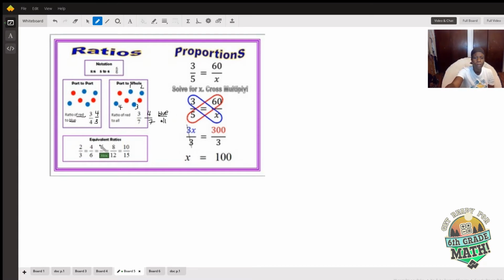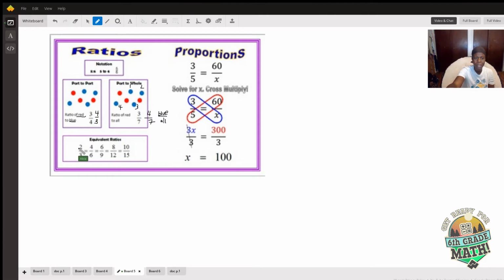So another part about ratios is equivalent ratios, similar to equivalent fractions if you do it like this. So 2 to 3 is the same as 4 to 6, which is the same as 6 to 9, which is the same as 8 to 12, which is the same as 10 to 15.